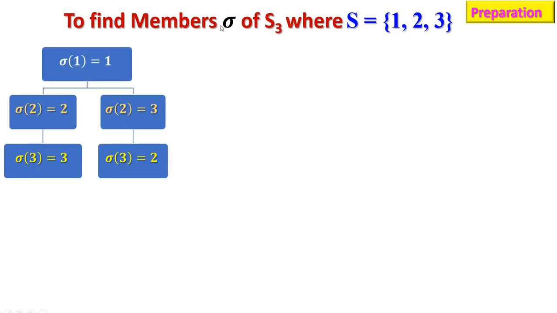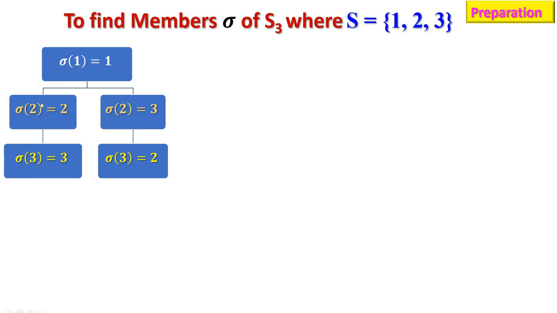Now we consider sigma to be a permutation, so that means it should be one-to-one and onto, which means that in this case your domain and codomain are the same. Your domain consists of 1, 2, 3, and your codomain will consist of 1, 2 and 3 only. So your sigma can take 1 to 1.